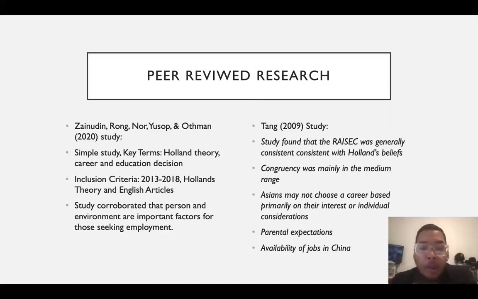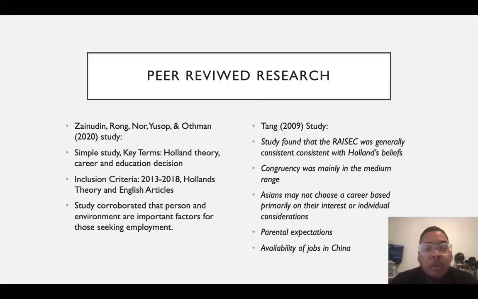The study on the right was interesting, and it was done by Tang in 2009, and this one is also in our reference. This study was done on the Chinese population, and I was interested in it because I wanted to see cross-culturally how Holland's theory would work.